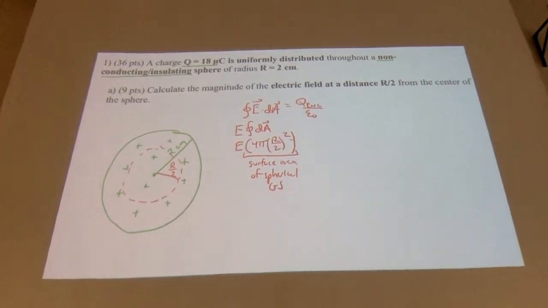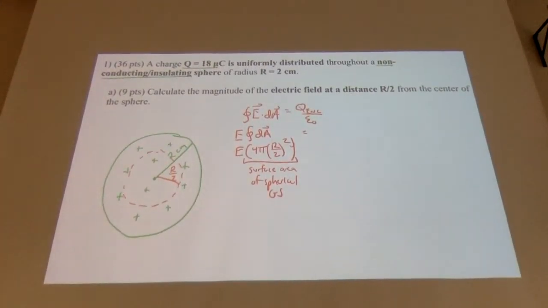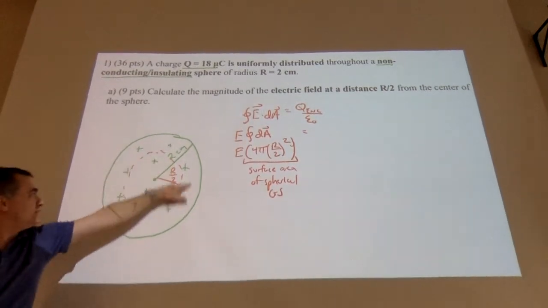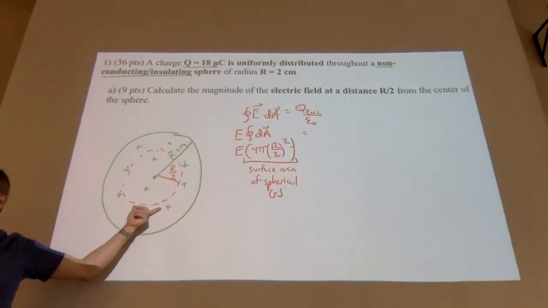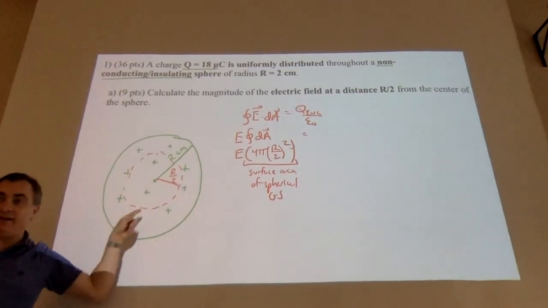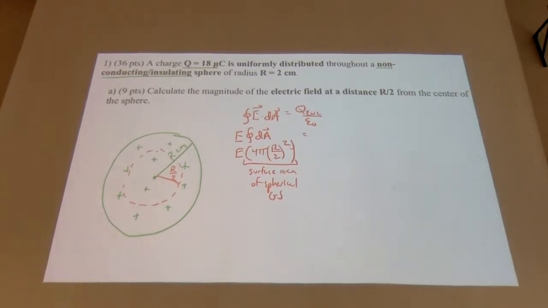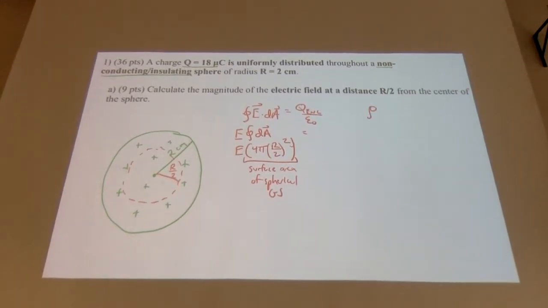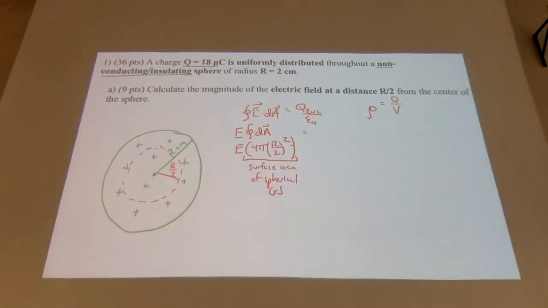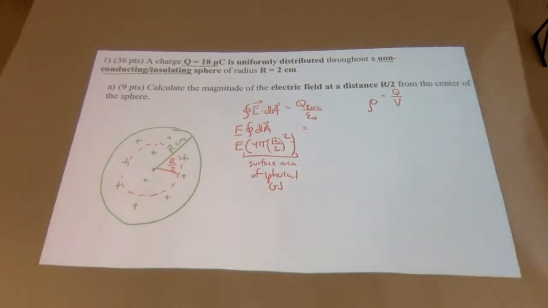On the right side, I can't just write down Q enclosed is 18 microcoulombs because some of it is outside where I drew the Gaussian surface. I need to figure out how much of it is inside here. First of all, the volume charge density is all of the charge divided by all of the volume, or any part of it.